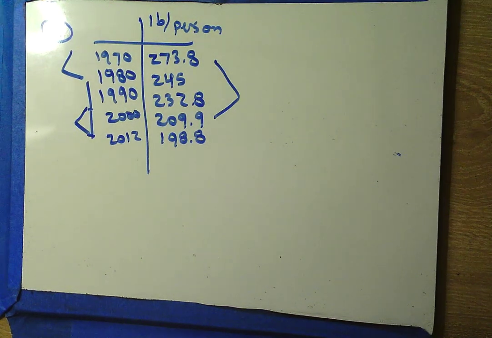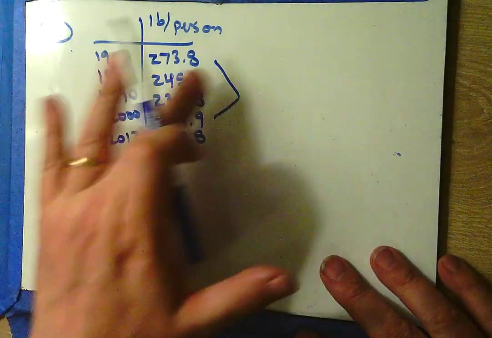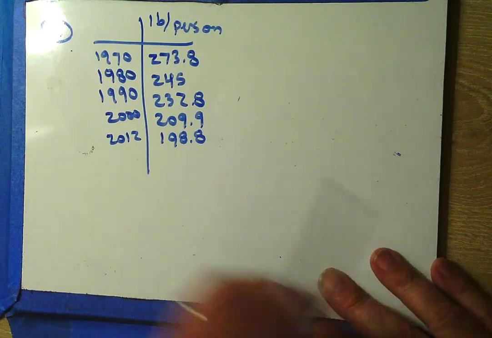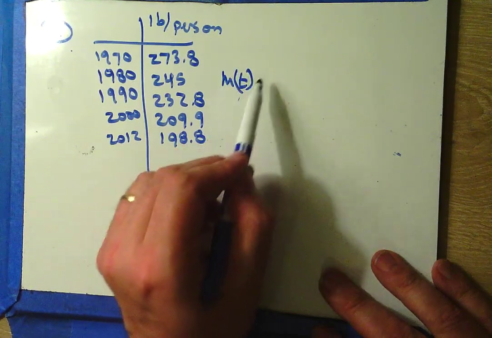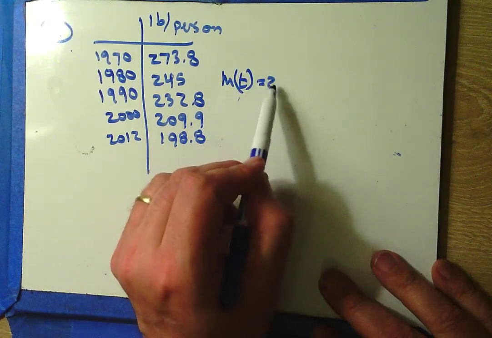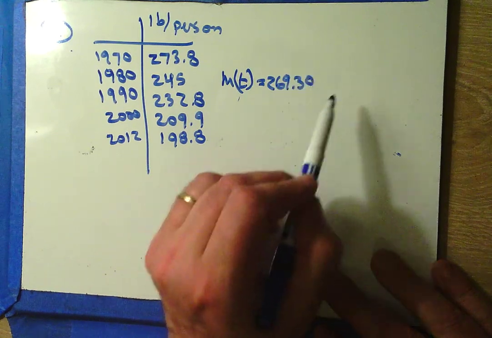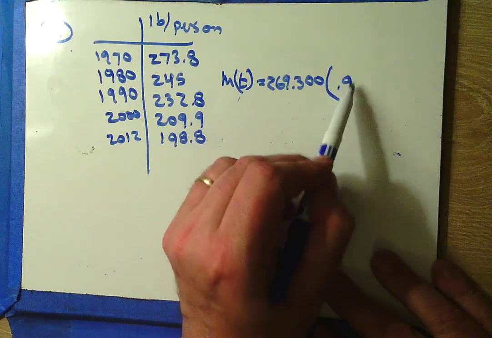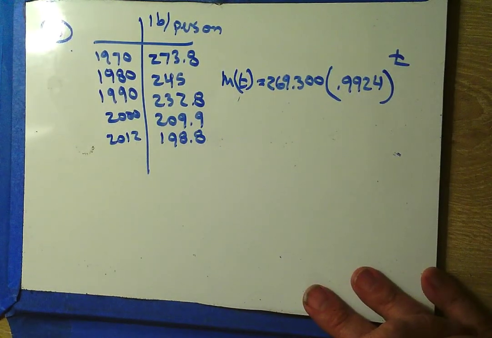They could use it. Okay, so I did an exponential regression on this, and yes, if you graph the points, it is exponential decay. And I came up with m of t equals 269.300 times 0.9924 to the t. Okay?